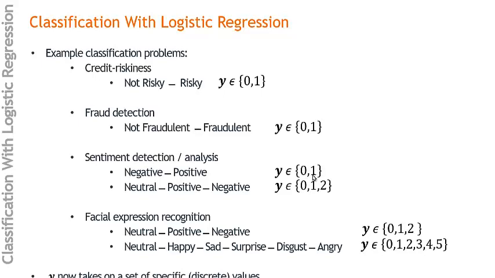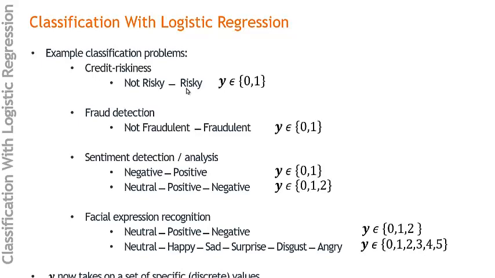Or you can have a more complicated classification into 3 different schemes: neutral, positive, or negative, 0, 1, or 2. Of course, it's somewhat arbitrary what you assign to 0 and what you assign to 1. Here we said not risky is 0, risky is 1, but we could equally have said that not risky is 1 and risky is 0.